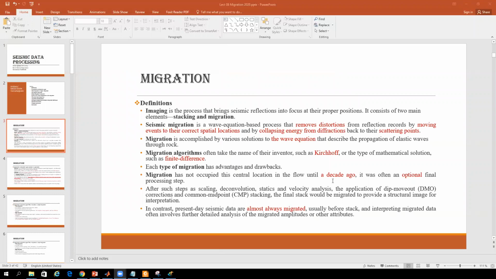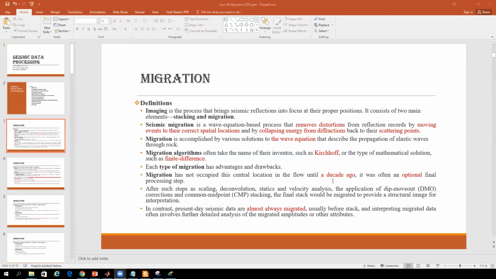So the migration, as I have mentioned already in one of the lectures, is a part of imaging, because we have already seen that seismic data processing can be divided into signal processing and imaging, or image processing. So after stacking, we will be starting what we call imaging.